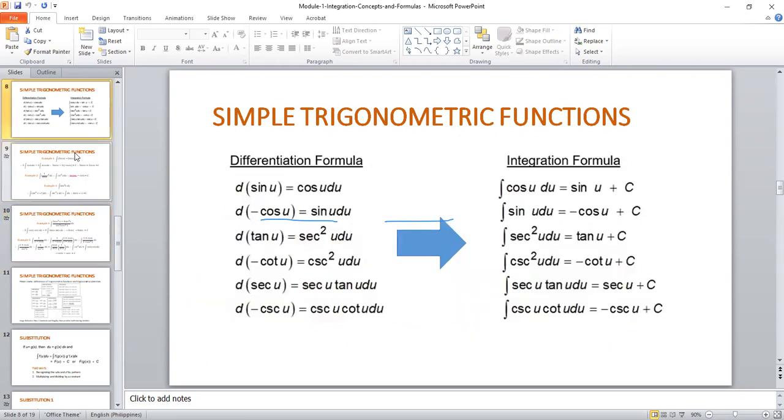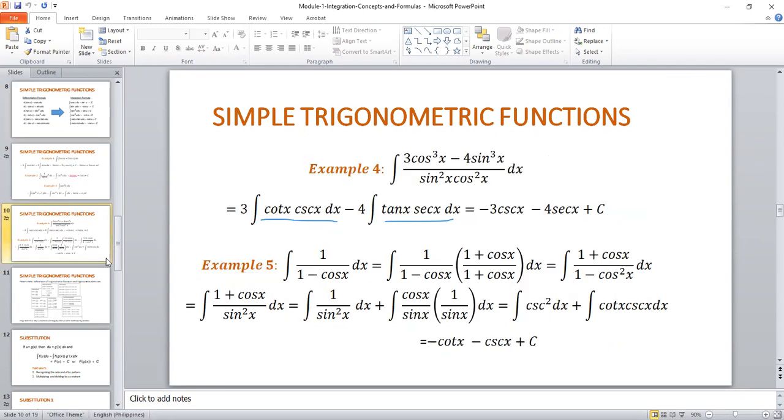Again, coming from the set of formulas we have here, cosecant cotangent gives negative cosecant x. So you have it here. So you see how important differentiation is to integration? Why? Because integration is complex in itself if you do not know how to differentiate. So it's really important that you know the derivative of one. That way you'll be able to check later if your answers are correct. So this is our answer for our given integral, which is this one.